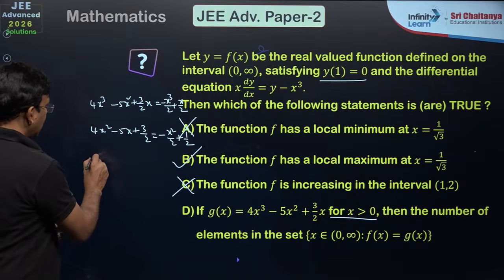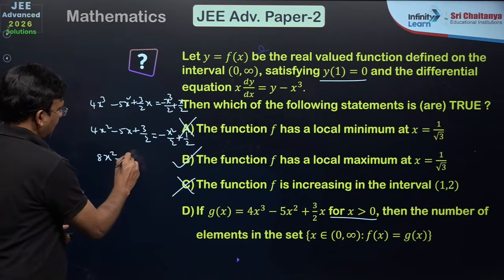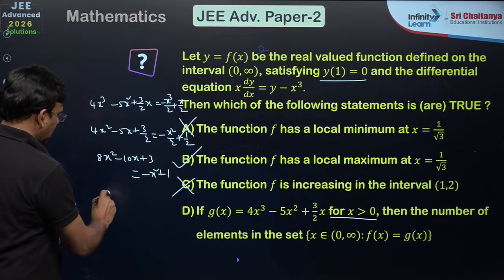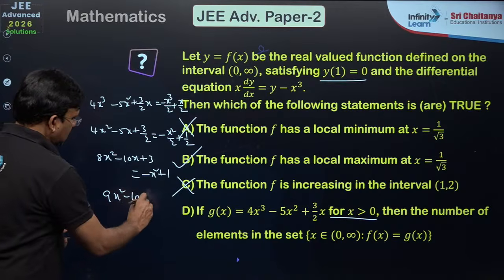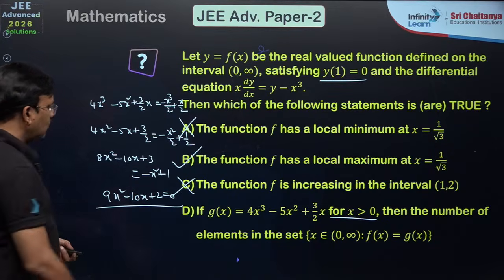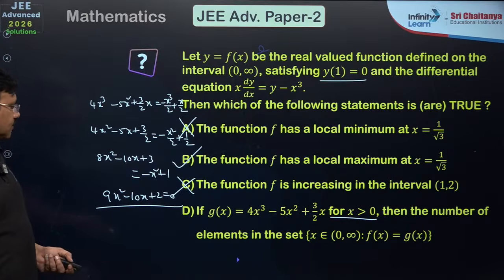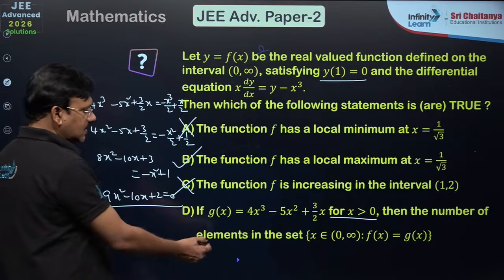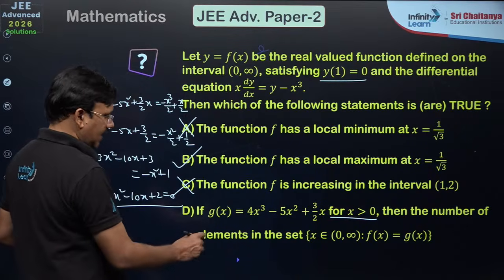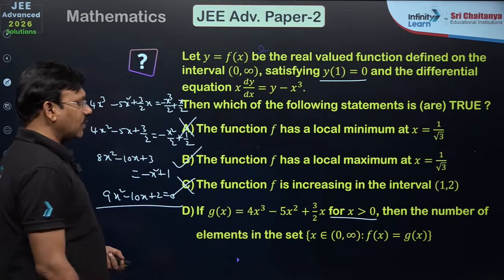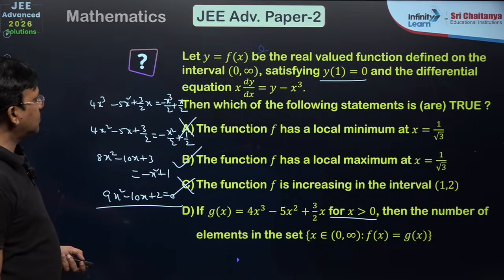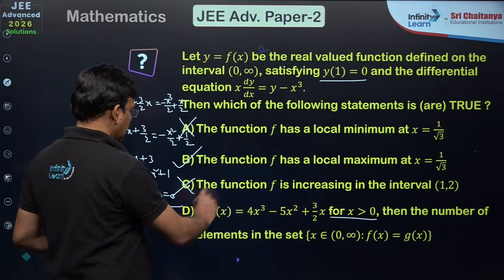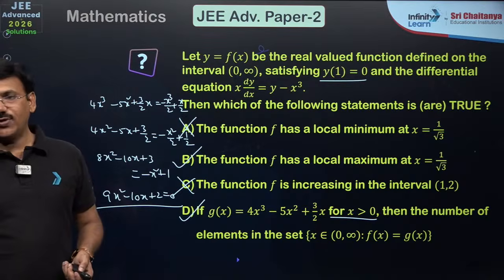Multiply with 2, so that this is 8x square minus 10x plus 3 is equal to minus x square plus 1. So, 9x square minus 10x plus 2 equal to 0. You can observe two real roots here, and both are positive, and hence the set having two elements is correct. So, BD is the right answer for this.